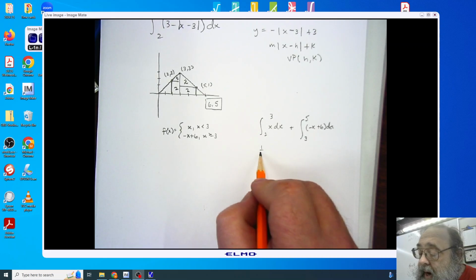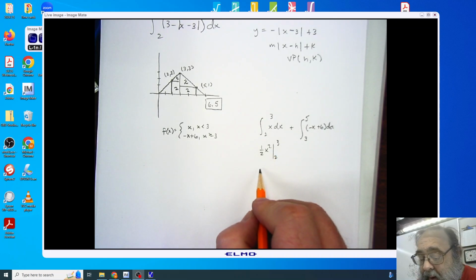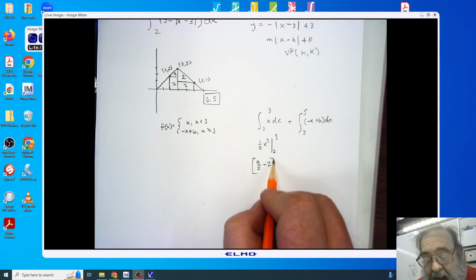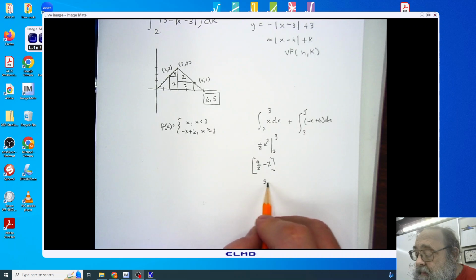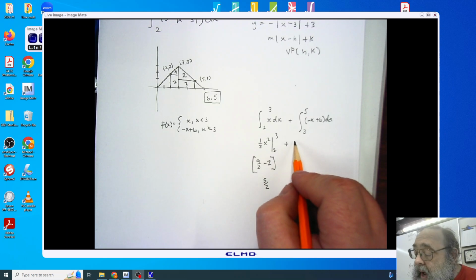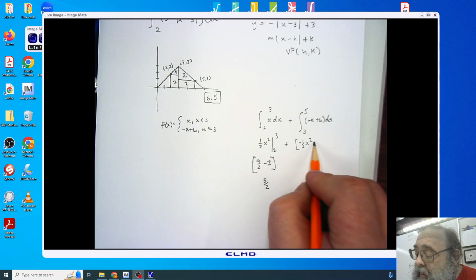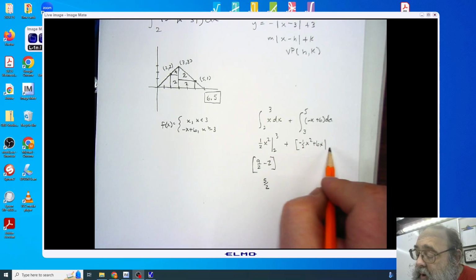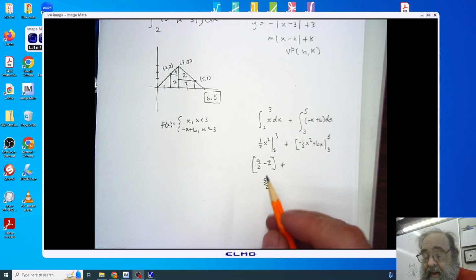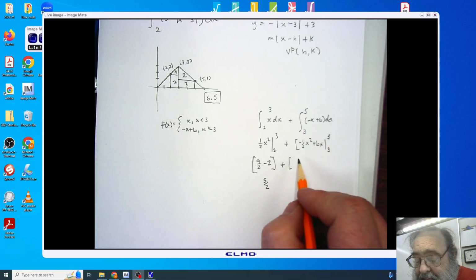This will give me 1/2 x squared from 2 to 3, and that would be 9/2 minus 2. 9/2 minus 2 would give me 5/2. Then I have plus, and I'm now looking at negative 1/2 x squared plus 6x, going from 3 to 5. And when we do this, by the fundamental theorem of calculus, we're going to be plugging in the 5.